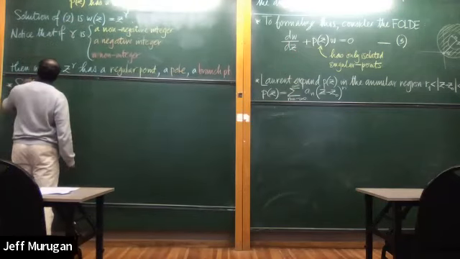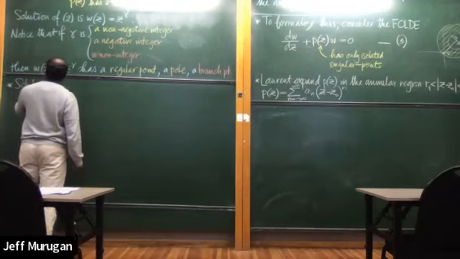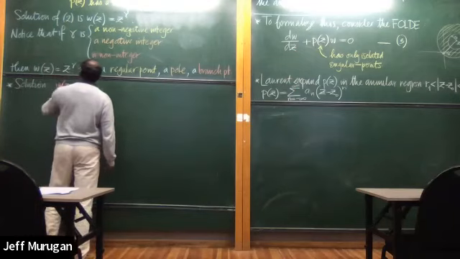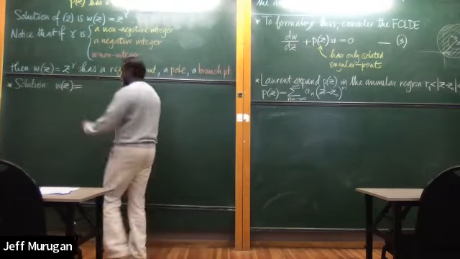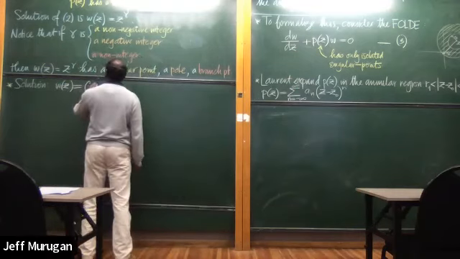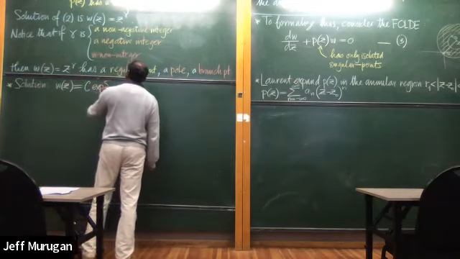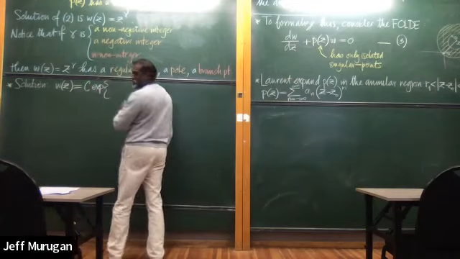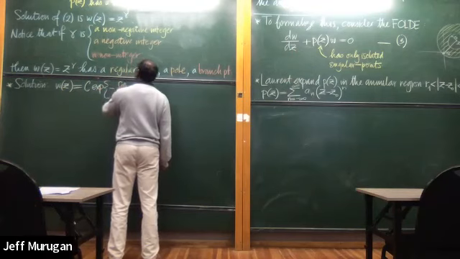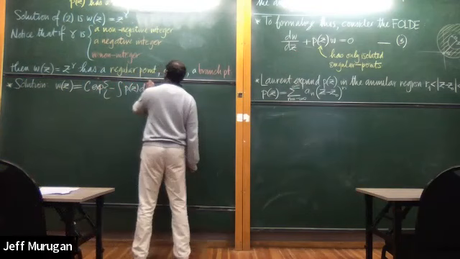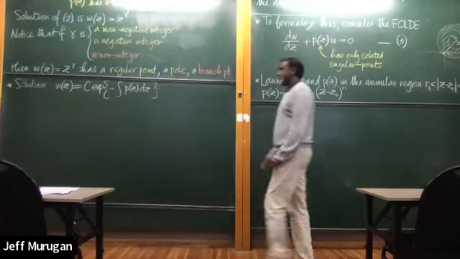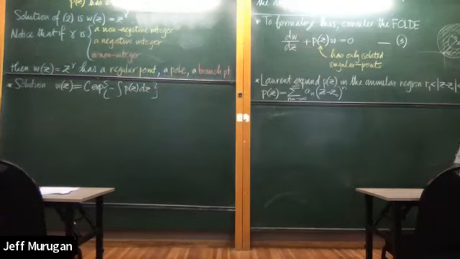Find a solution: W of z equal to some constant of integration times the exponential of minus the integral of P of z dz. You can differentiate that and check it.